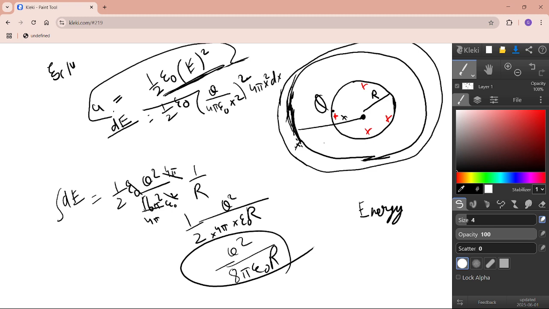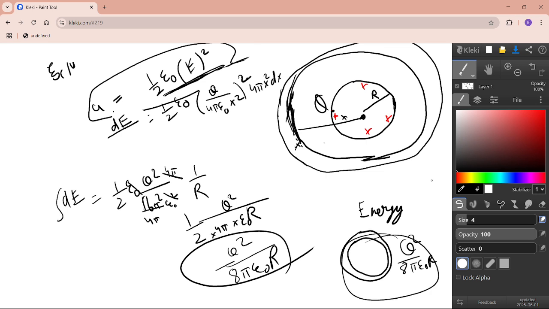The electric field created by a hollow sphere of uniformly distributed charge, or a charge on some kind of insulator where it's uniformly distributed, gives the same formula, q square upon 8 pi epsilon naught r. This is the potential energy of just the sphere, not with another charge. If you have another charge, then you do kq by 4 pi epsilon naught r.